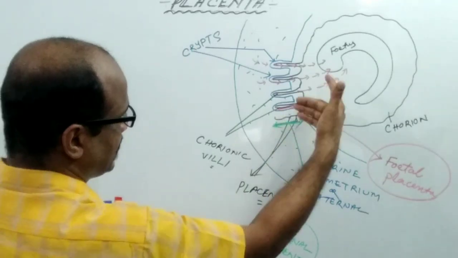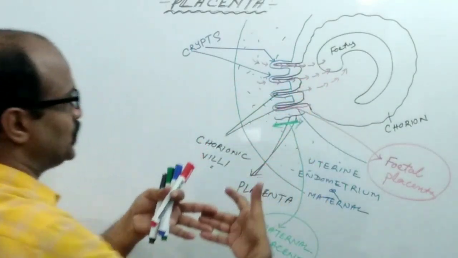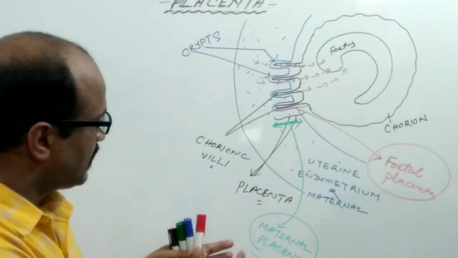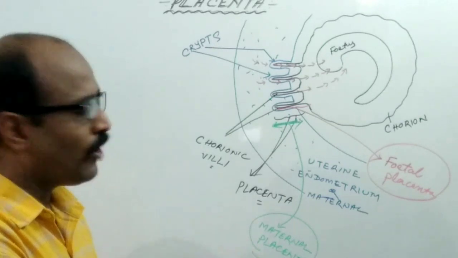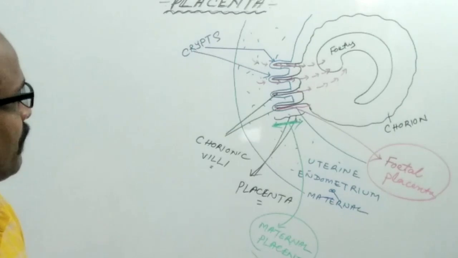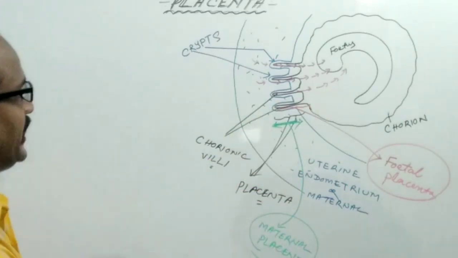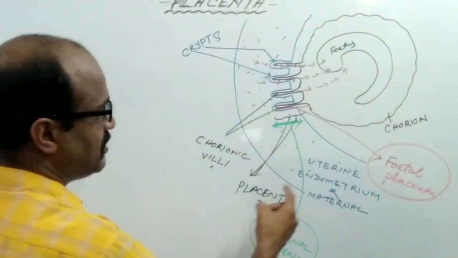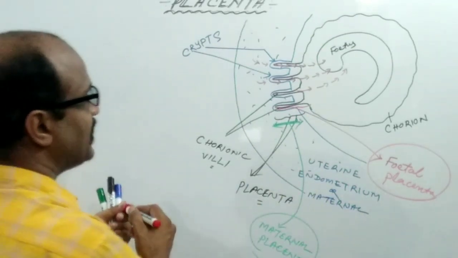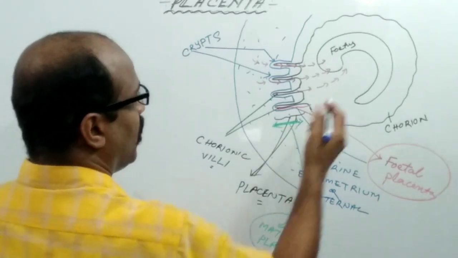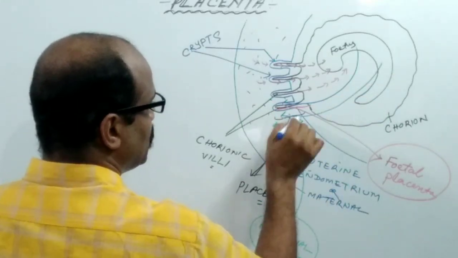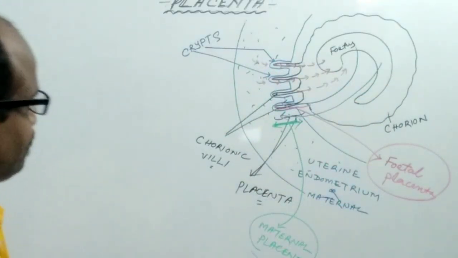This type of connection of tissue is known as the interlocking of both tissues. So the placenta is the interlocking of both tissues, and the structure is developed at the time of development of the embryo and fetus, through which the fetus gets nutrition from the mother's body, and also excretes its waste matter or metabolic waste through this placenta. So this is the placenta.